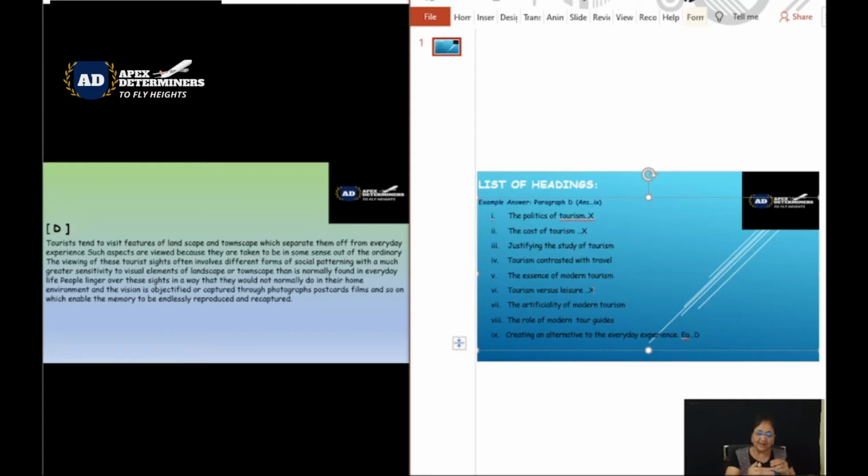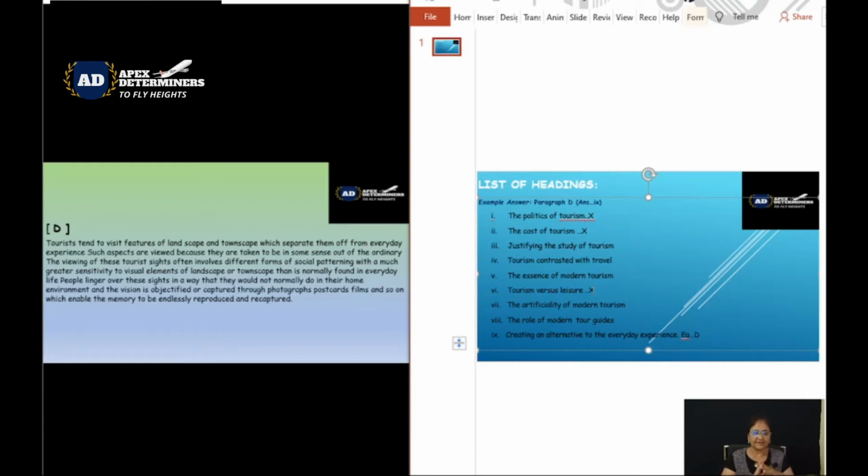And as you go down, if you have 5 paragraphs left and there are 8 headings, you have to ignore 3 headings, right? Then the next thing is, beside it, make it a point to put a cross mark or a star or anything that will tell you that this paragraph you don't have to read.